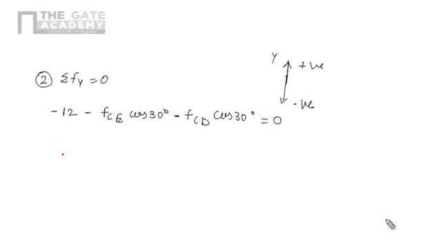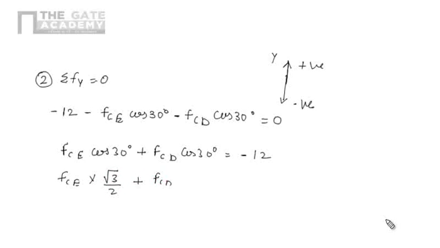So we are having the equation FCE cos 30 plus FCD cos 30 equals minus 12. Here FCE cos 30 is nothing but root 3 by 2 times FCE, and FCD cos 30 is root 3 by 2 times FCD, equals minus 12.